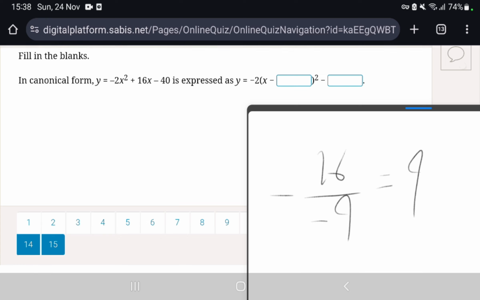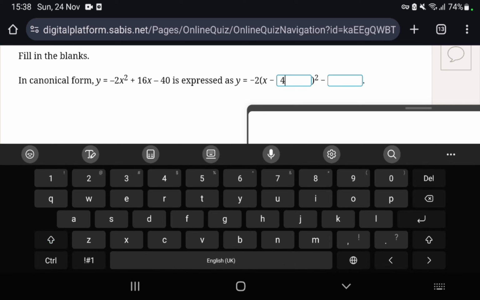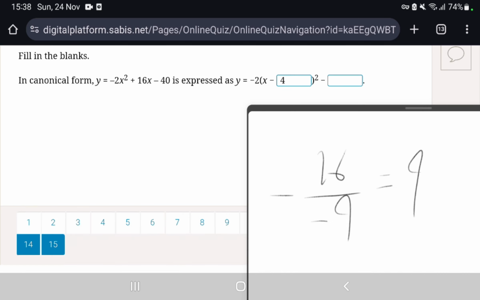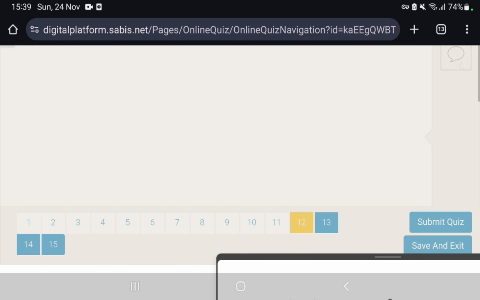So we put 4 here, and for the last one we substitute 4 inside the original equation, which will give us -16 plus 64 minus 40, which will give us 8. Number 13.